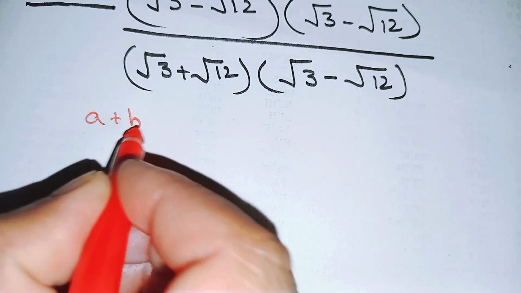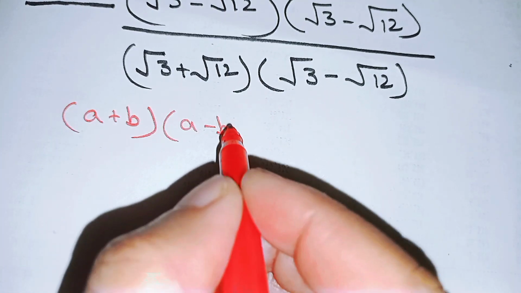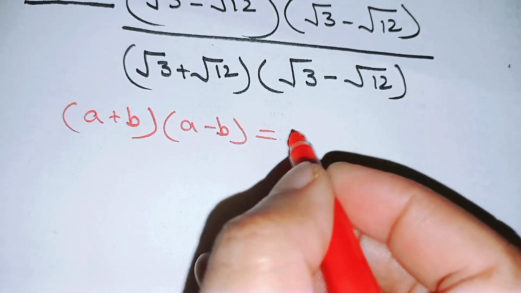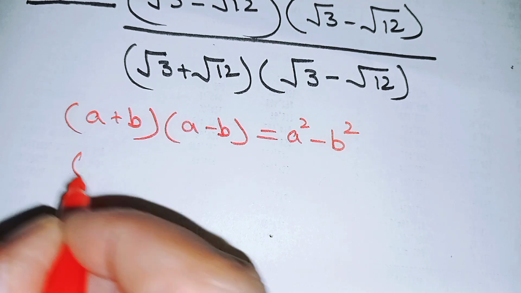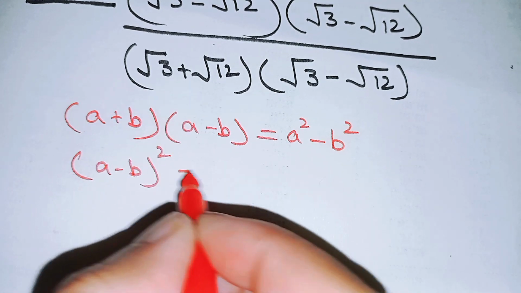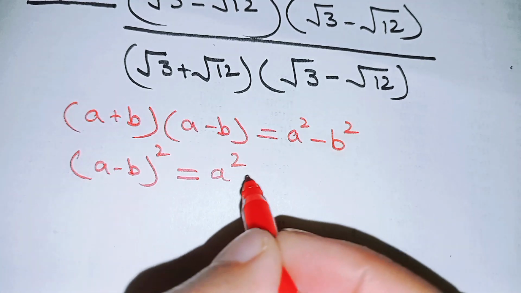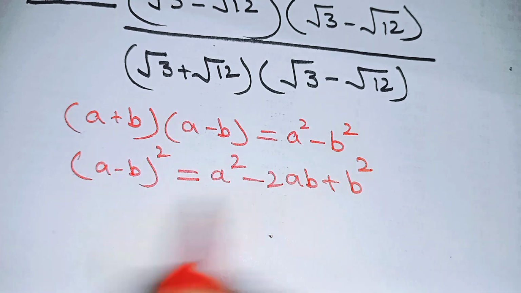(a plus b)(a minus b) is equal to a squared minus b squared, and (a minus b) whole squared is equal to a squared minus 2ab plus b squared.